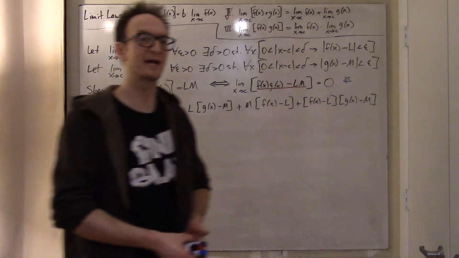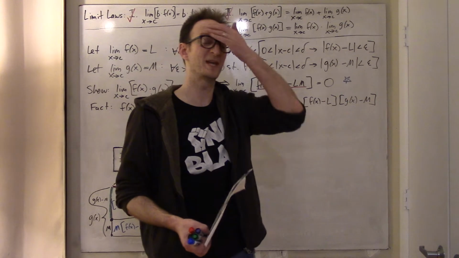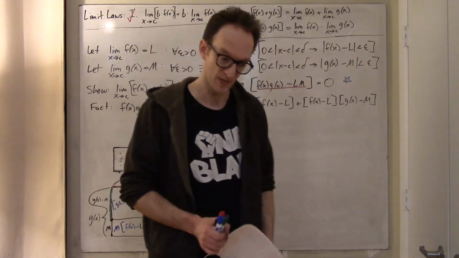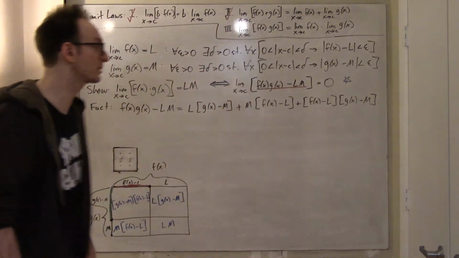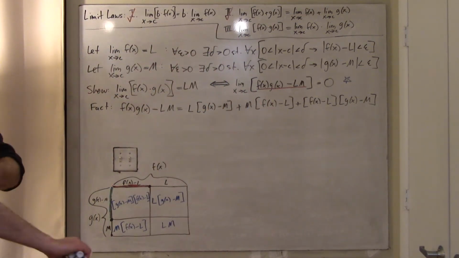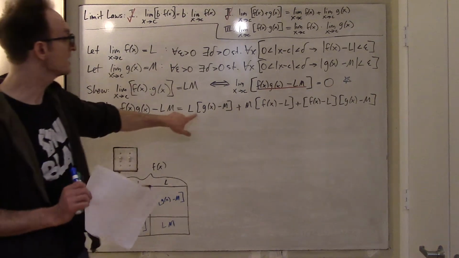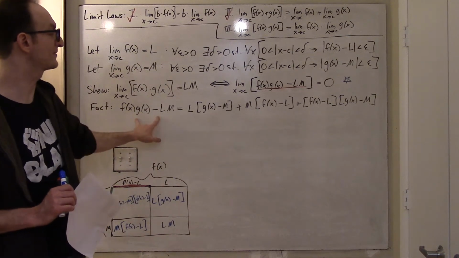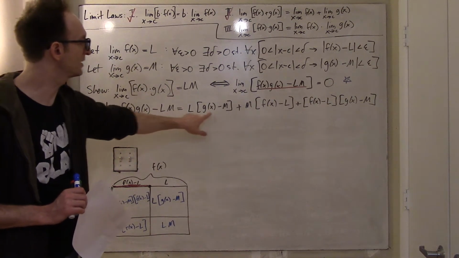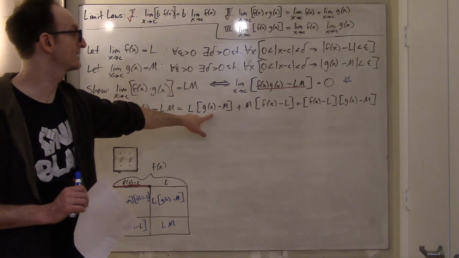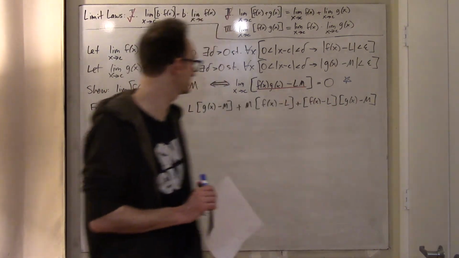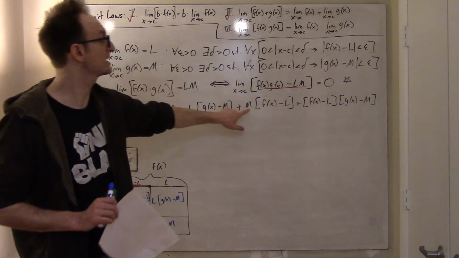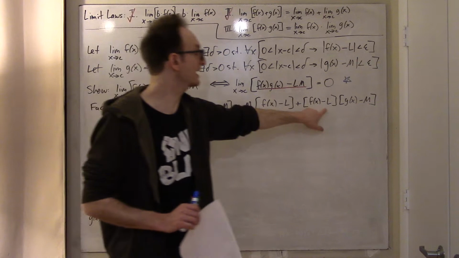But I haven't actually used geometry in any crucial sense. I used geometry as the inspiration to write this algebra in the way that I have, but the algebra stands on its own. By that I mean, if you just simplify the right-hand side of this equation, you will get the left-hand side, right? Because look, here we get an Lg, but then that Lg gets canceled out by this minus Lg. And here we get a minus Lm, but here we get another minus Lm, and here we get a plus Lm.